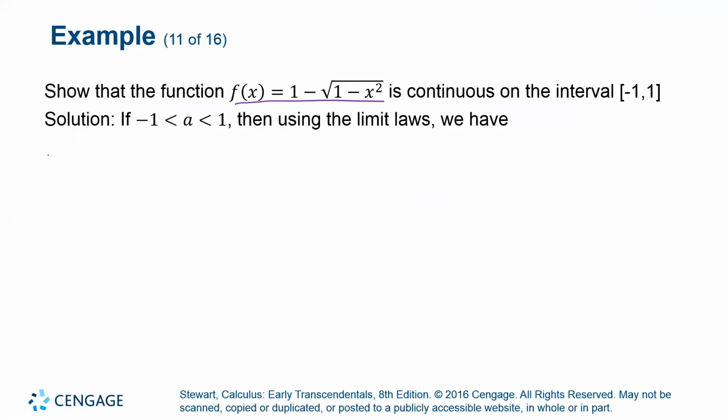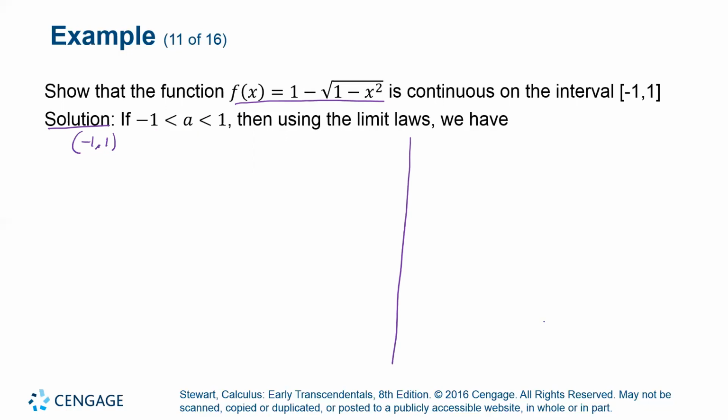So to solve this, we want to show that it is continuous. First, we know our f of x. We will consider a between this interval -1 and 1. Remember, if it is continuous on an open interval, it means that if you pick any value within the interval, it must be continuous.